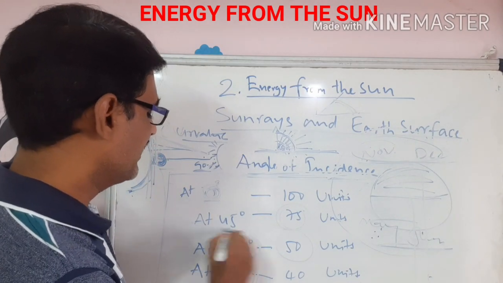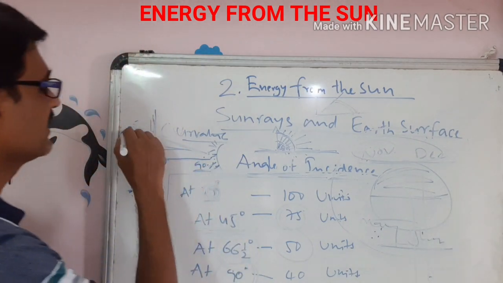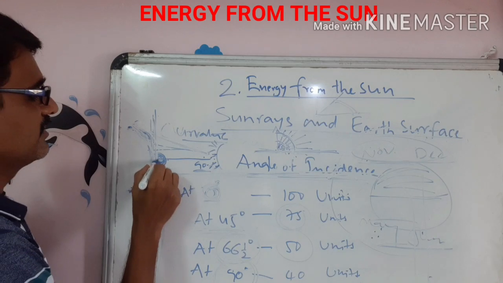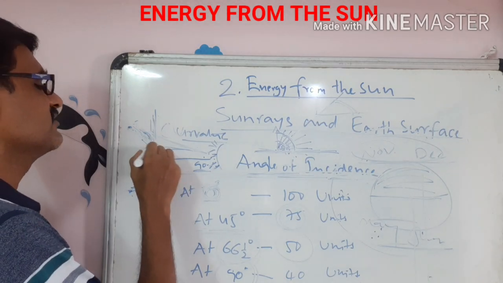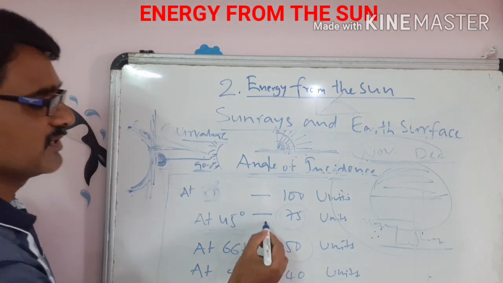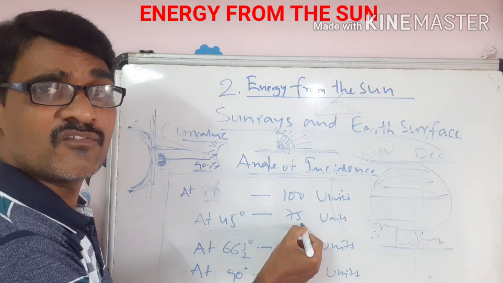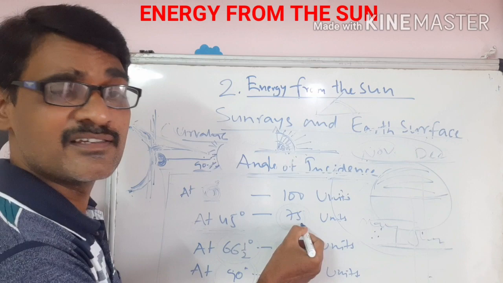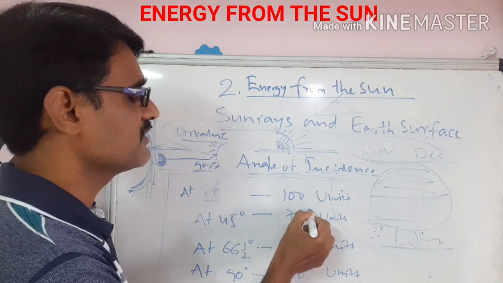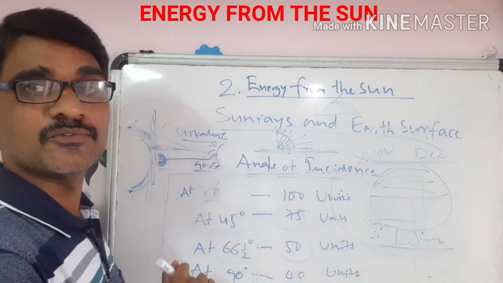And at 45 degrees, the curvature is increased. Then it reaches only 75%. The sun rays fall slantingly, due to that 75 units are received.